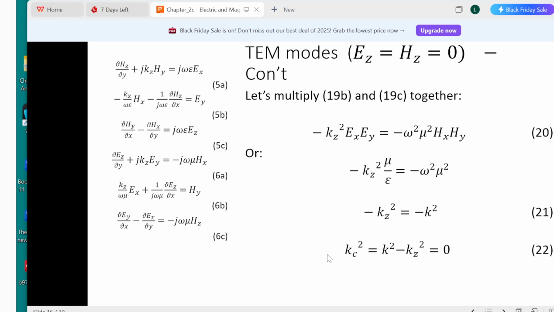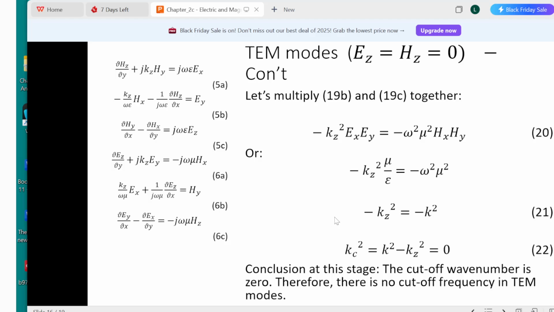There is no low cutoff, so it will propagate. The conclusion at this stage is that the cutoff wave number is 0.